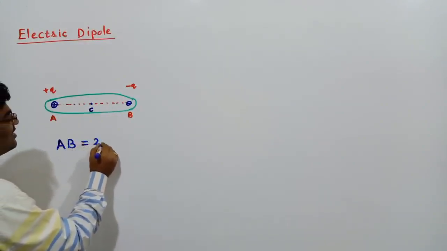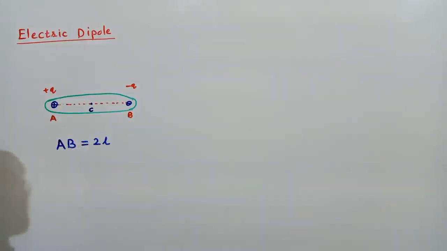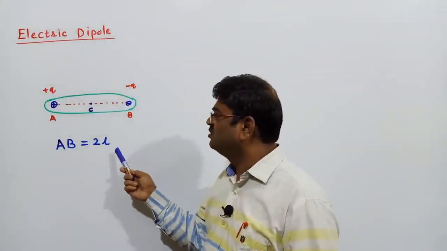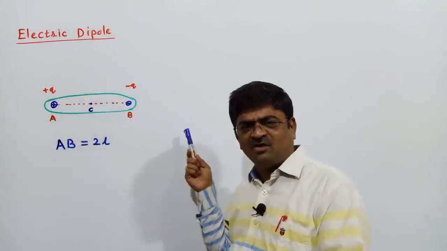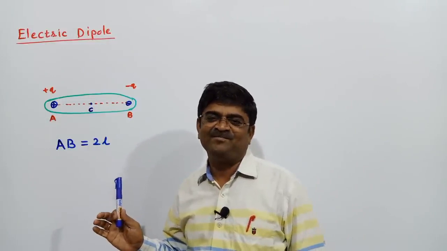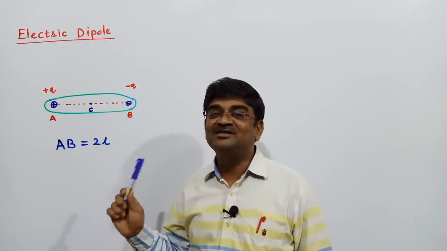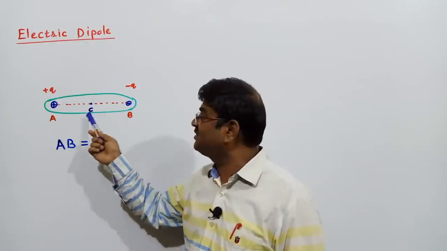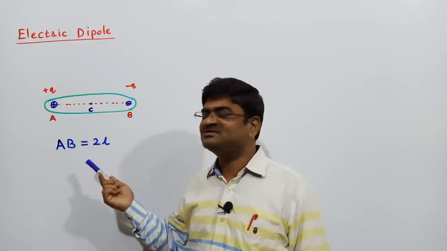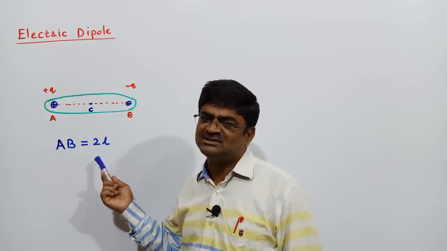Otherwise, the question which may come to mind is, unnecessarily sir has written 2, we could have represented it as L only, no? Why that 2? The reason is very simple. I have to measure those distances with respect to center. And by doing so, I have expressed the dipole length of the dipole as 2L.